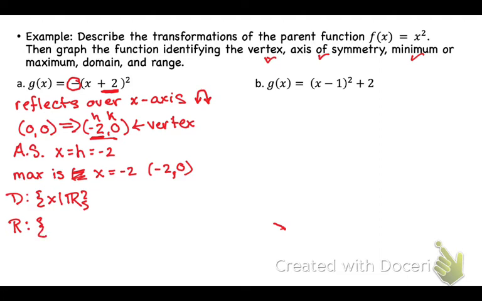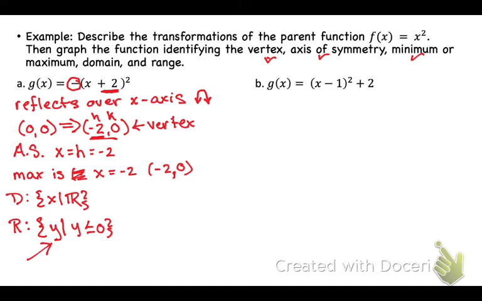It's 0. Is it going to be greater than 0 or less than 0? We don't know. Yeah, we do. It opens down. So y is less than or equal to 0. And again, I knew it was less than because it opens which way? Down. Okay?